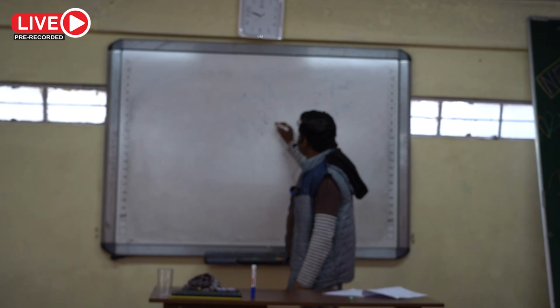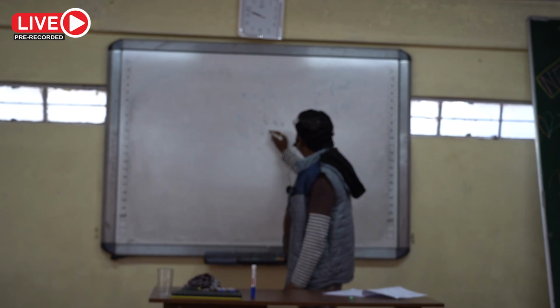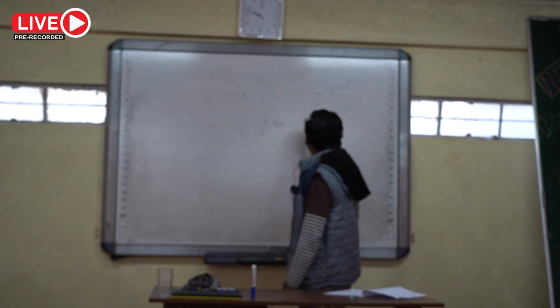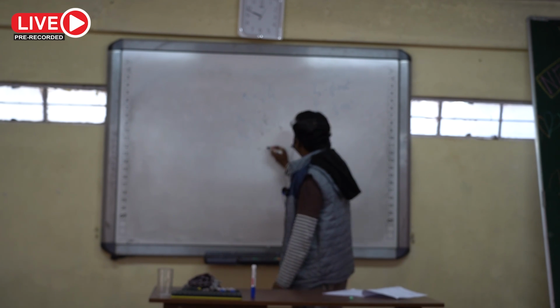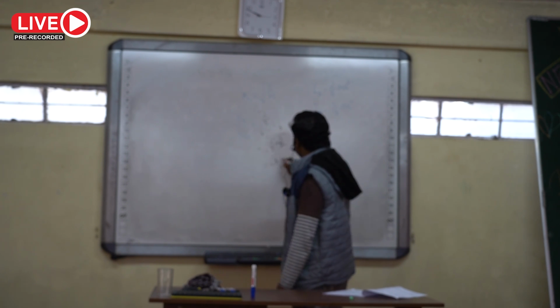So it will be 2 by 5 divided by 2 by 3. So this one will be 2 by 5 into 3 by 2. So this 2 will cancel. So it will be root 3 by root 5.